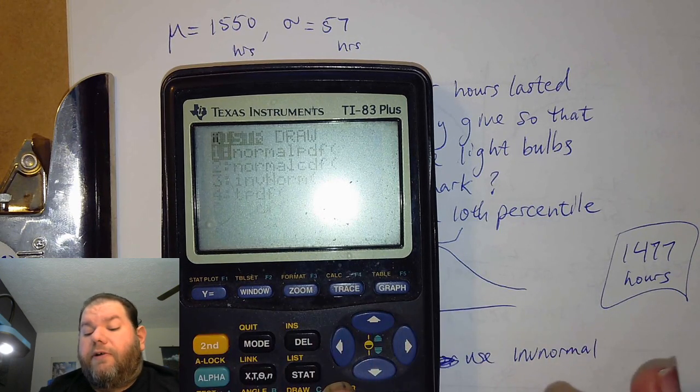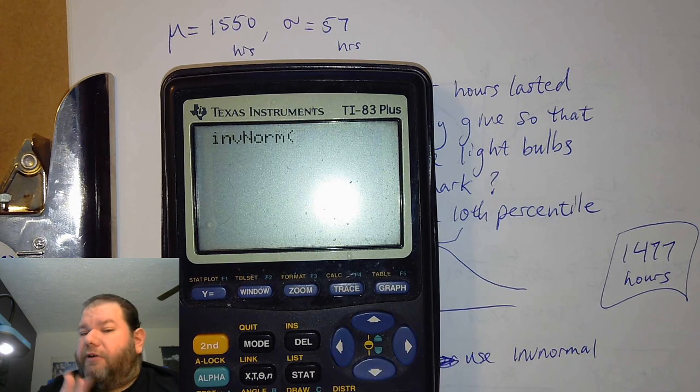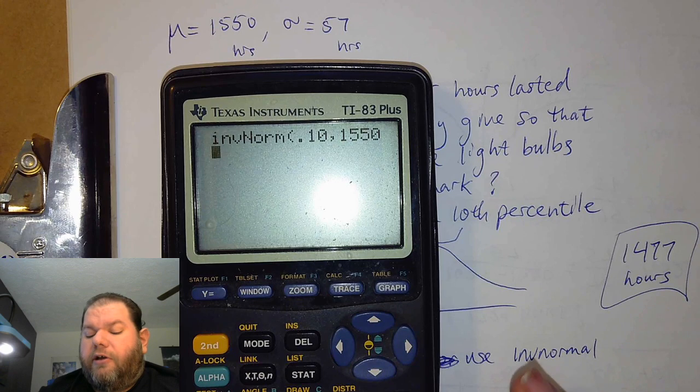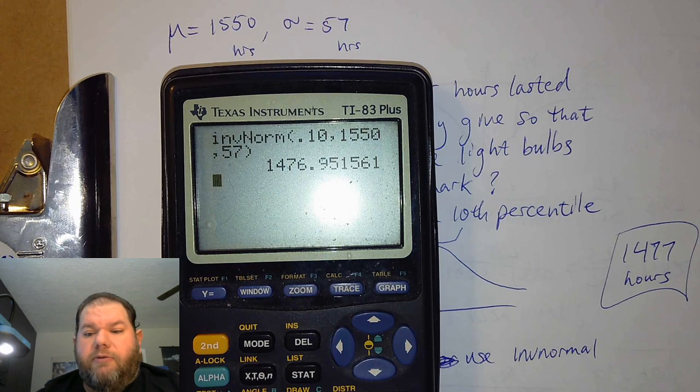We do second, VARS, go down to inverse normal, but again, here we have to enter our terms separated by commas, so we do the area left first, or the percentile, 0.10, comma, the mean, 1550, comma, standard deviation, 57. And then we notice that we get the same result, 1476.95, so about 1477 hours.